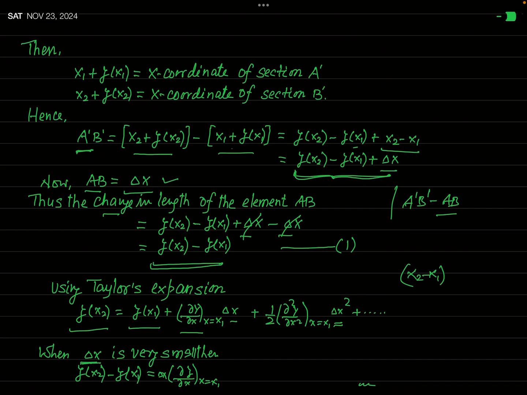So y of x2 will be simply equal to y of x1 plus del y by del x at x equal to x1 times delta x. And therefore y of x2 minus y of x1 is simply equal to delta x times del y by del x at x equal to x1.